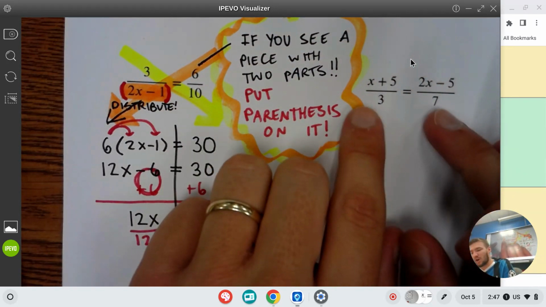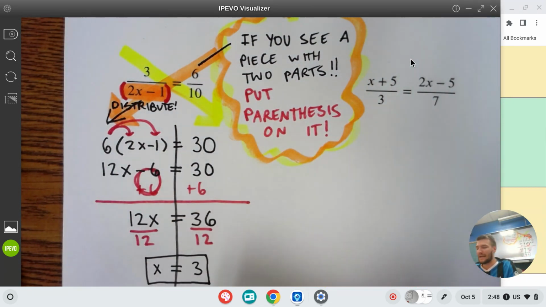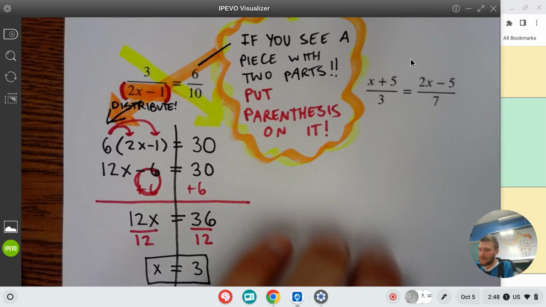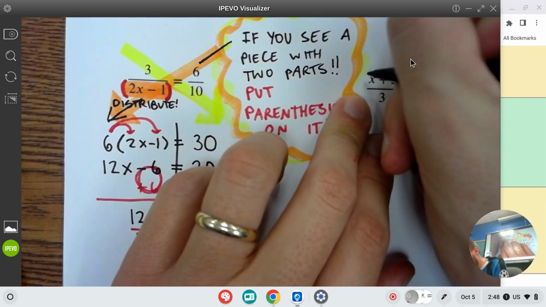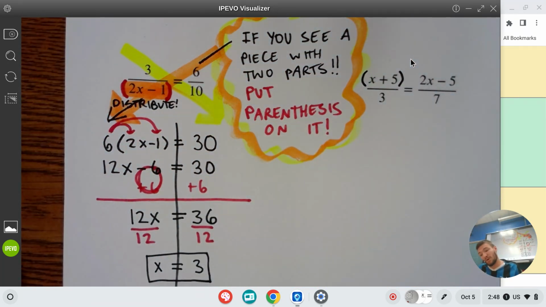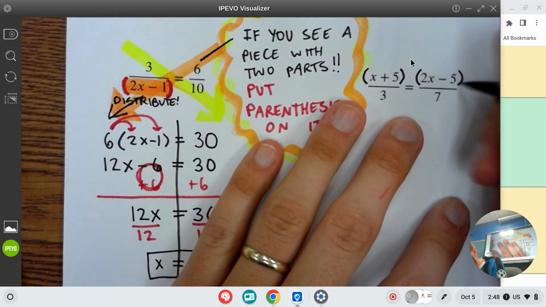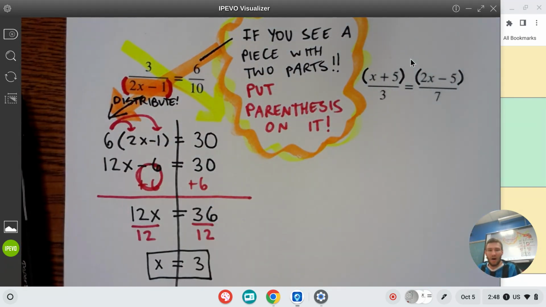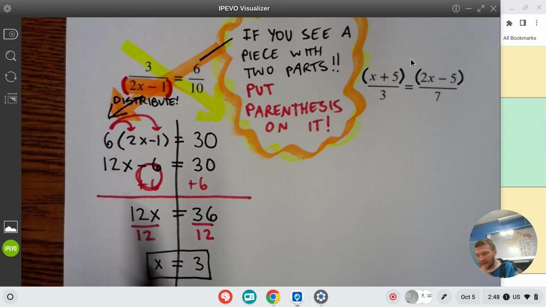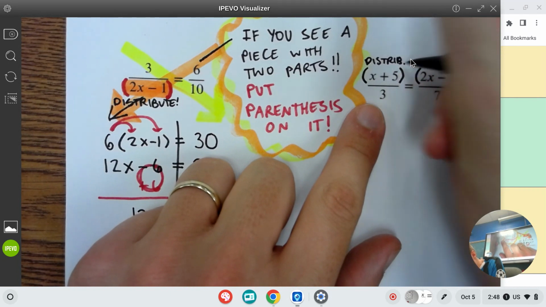So, starting this next question, do you see any pieces with 2 parts? Is it the top left, top right, bottom right? Top left, 2 parts, parentheses. Easy. Are there any more parts? Which parts? Top right, parentheses. Easy.